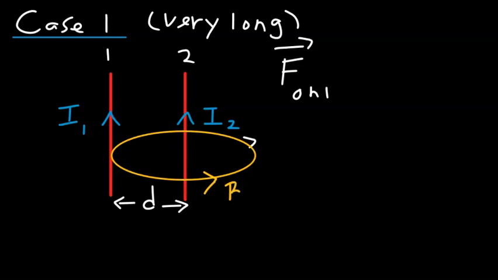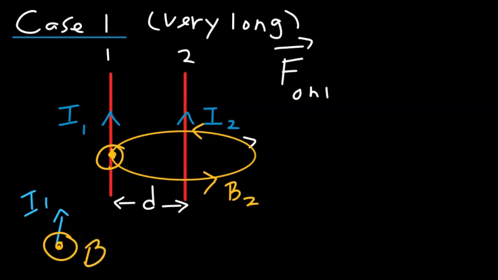Let's call this magnetic field B2. It's going in that direction, again following the right-hand rule. At the location where conductor 1 is located, the magnetic field will be coming out of the board, like that. So the current I1 is going up, the magnetic field is coming out of the board, like that.